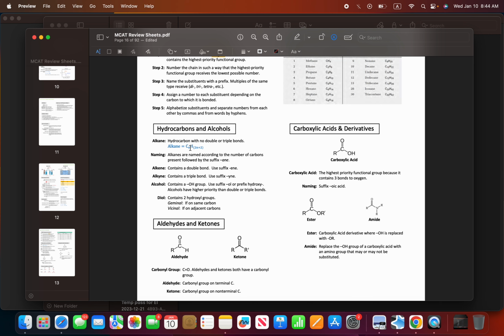For 8, for example, C8: 2 times 8 is 16, plus 2 is 18, so C8H18. Here we have it, C7H16, 14, 12, 10, 8, 6, 4. So from the first one it just starts with 4.